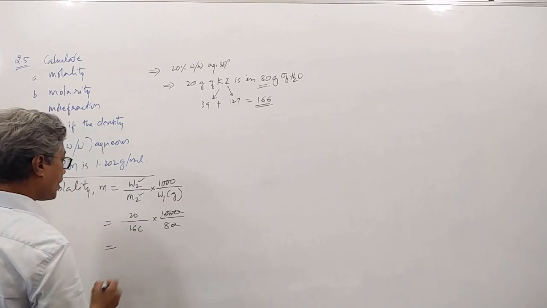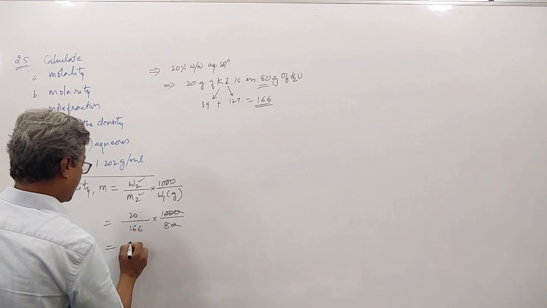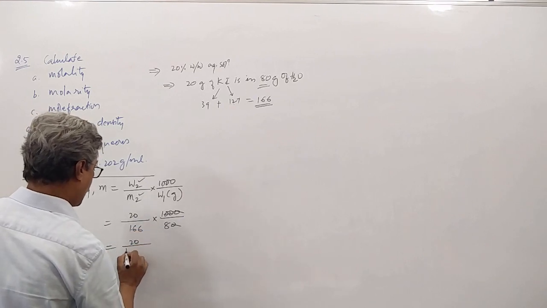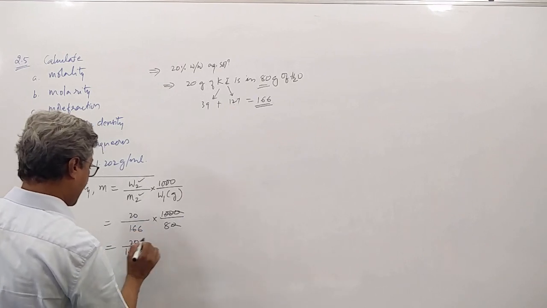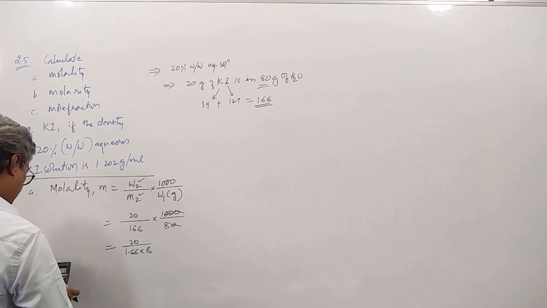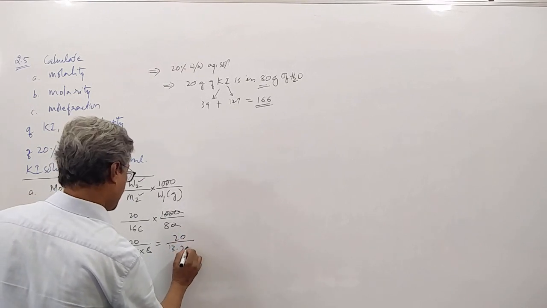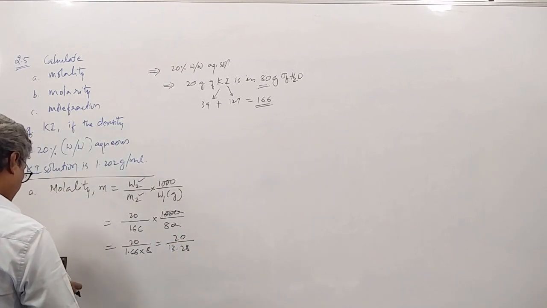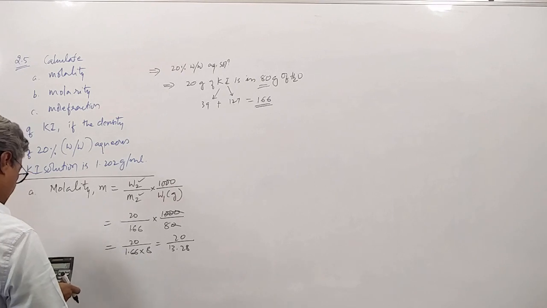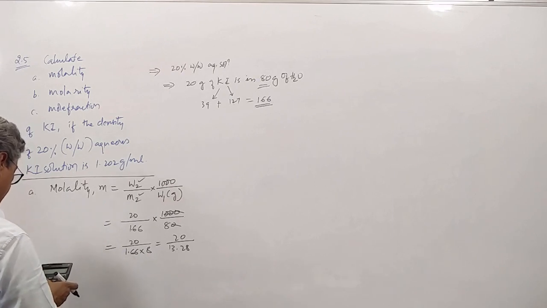It means 20 divided by 1.66 into 8. 1.66 into 8 is 13.28, so it will be 20 divided by 13.28.